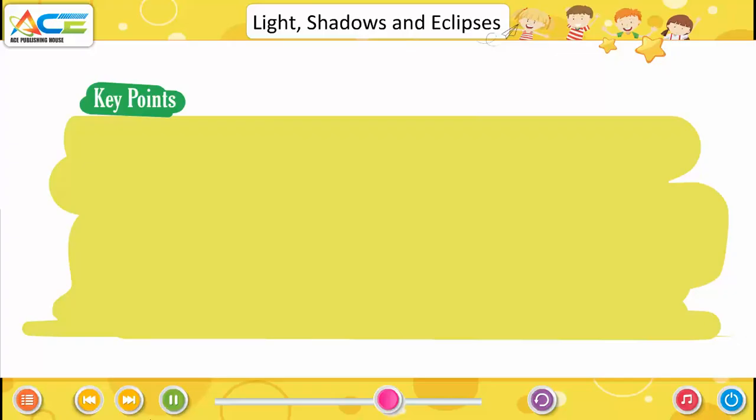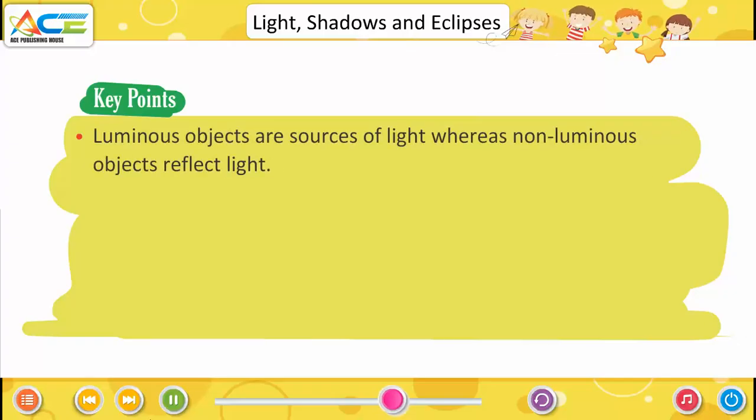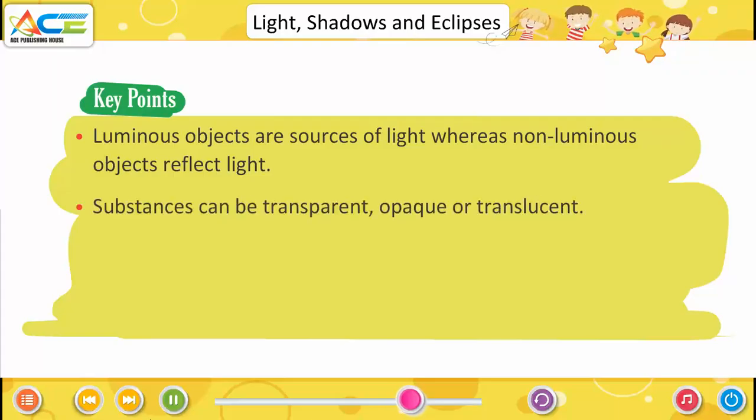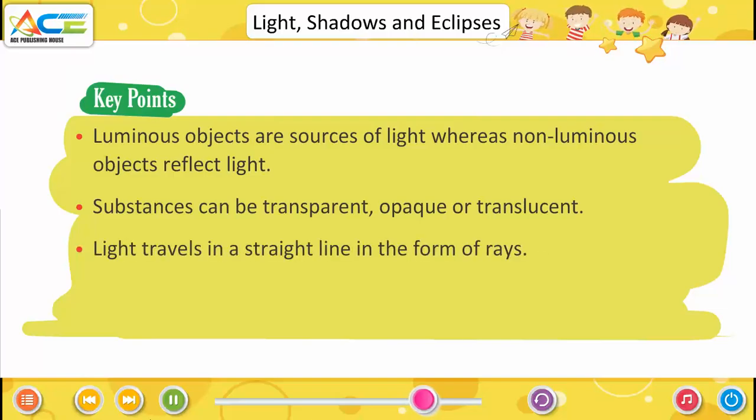Key points. Luminous objects are sources of light, whereas non-luminous objects reflect light. Substances can be transparent, opaque or translucent. Light travels in a straight line in the form of rays.